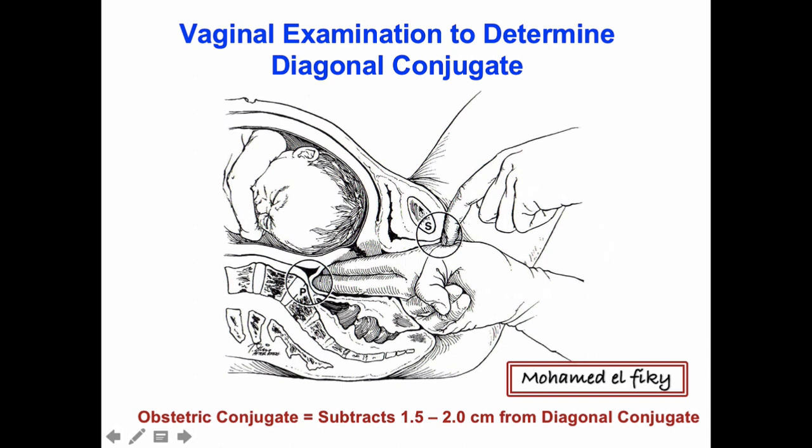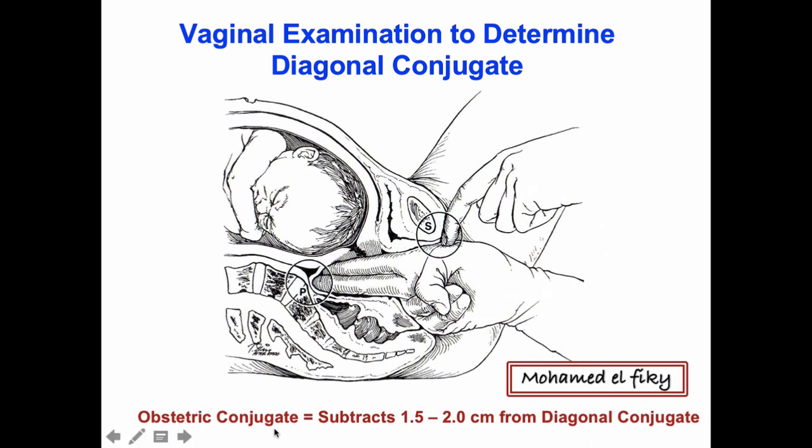This is a symphysis pubis, and this is promontory of the sacrum. By vaginal examination, we can feel the lower border of the symphysis pubis and the tip of the finger reaches to the promontory of the sacrum, and this is diagonal conjugate.